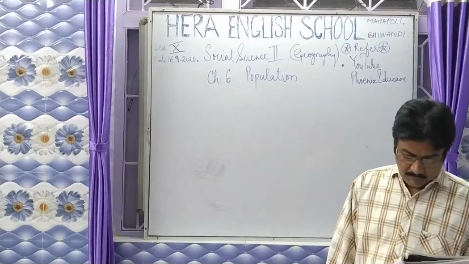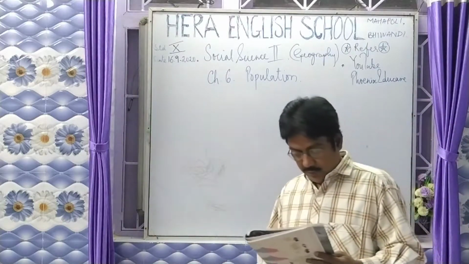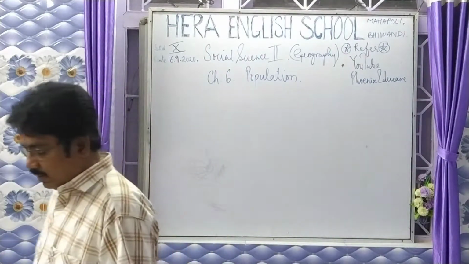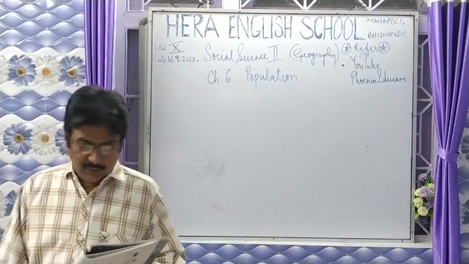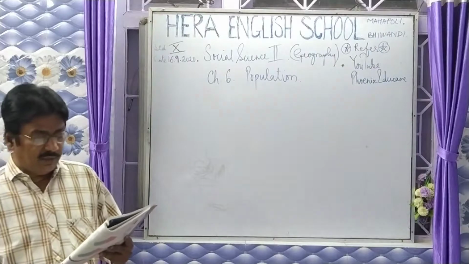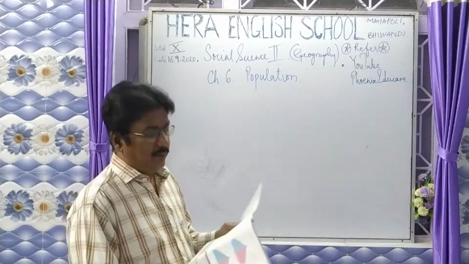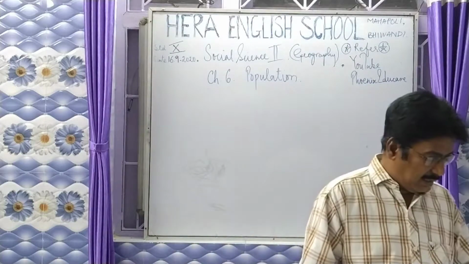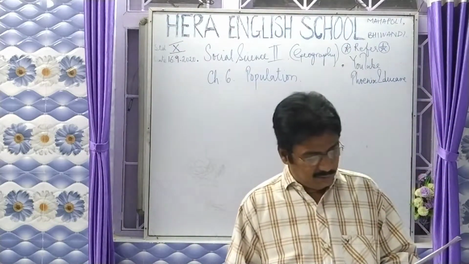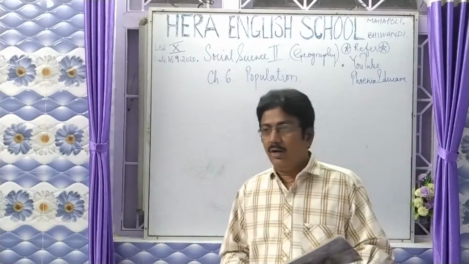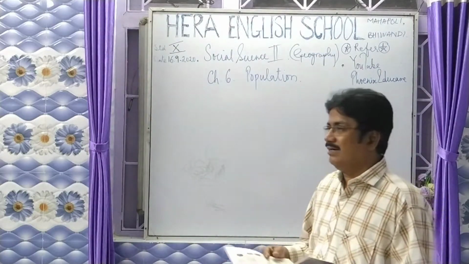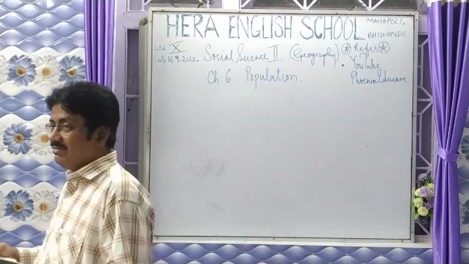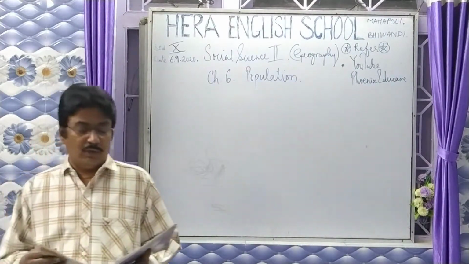Even though various types of campaigns have taken place, save the girl child, teach girl, and so on and so forth, yet the problem is still with the Indian people, where men are outnumbering the females all the way around, according to our calculation from 1961 right up to the current census, that is 2011.